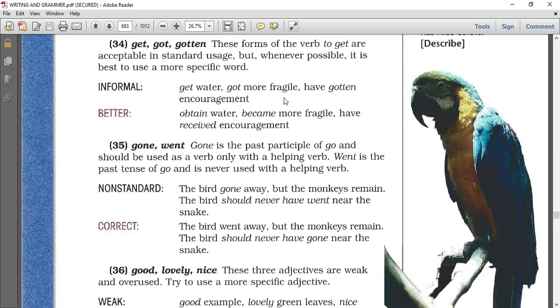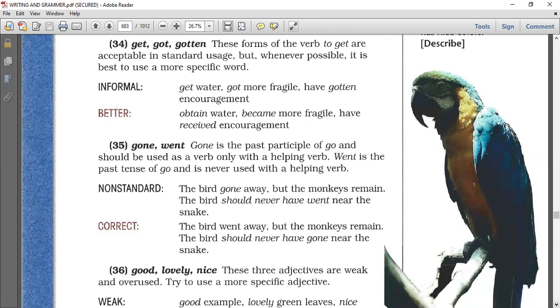When bones get more fragile, it's better to use become, became more fragile. Have gotten encouragement, it's better to use received instead of gotten: have received encouragement. Remember this, guys. Again, get, got, gotten are acceptable and standard, but it's preferable to use another, more specific word than get. Again, instead of get the full mark, use obtain the full mark.